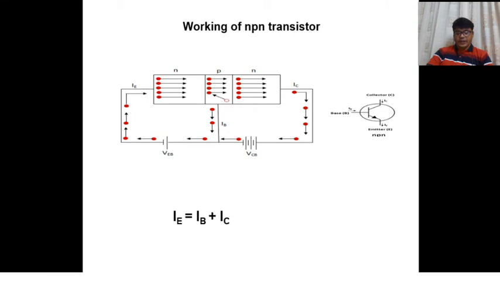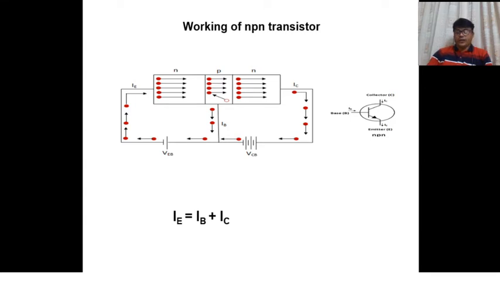As the base is lightly doped and very thin, only a few electrons, that is less than 5%, combine with holes to constitute the base current. The remainder, that is 95%, cross over into the collector and constitute the collector current. Hence the total current, the emitter current, is the sum of the base current and collector current. So in a simple way I have explained the working of the transistor.